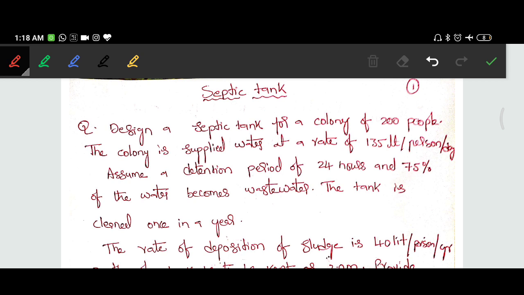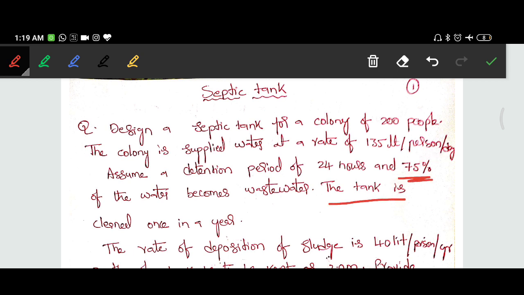Assume a detention period of 24 hours and 75% of water becoming wastewater, which means from this total water supply rate, 75% is going to become sewage water or wastewater.